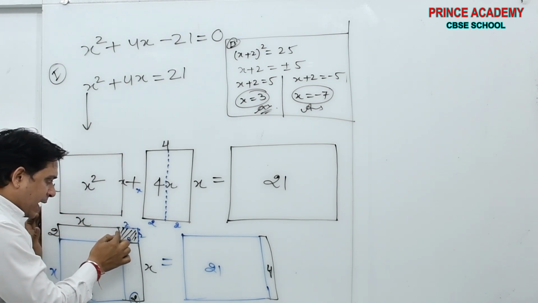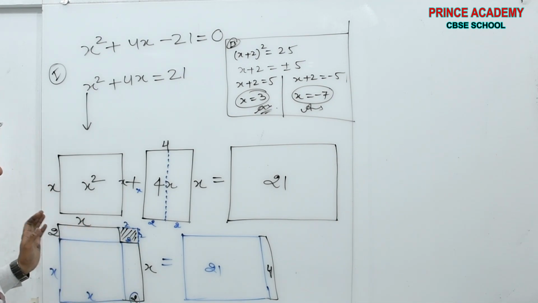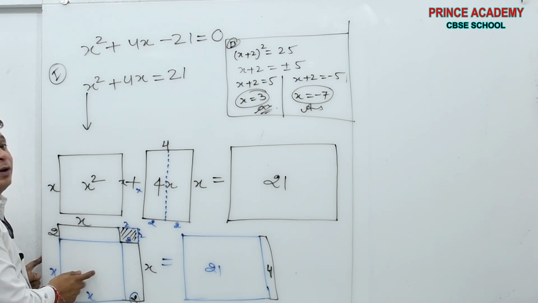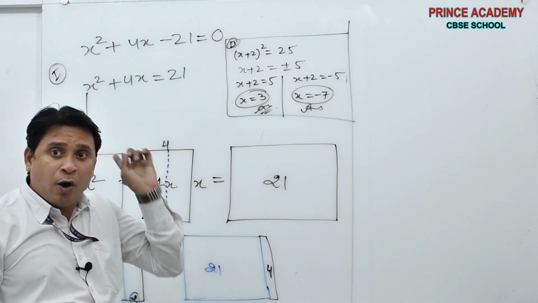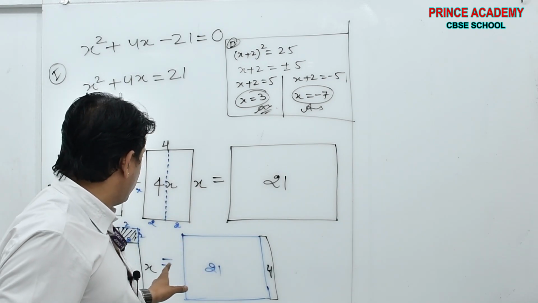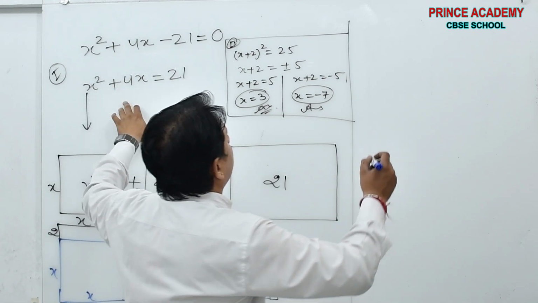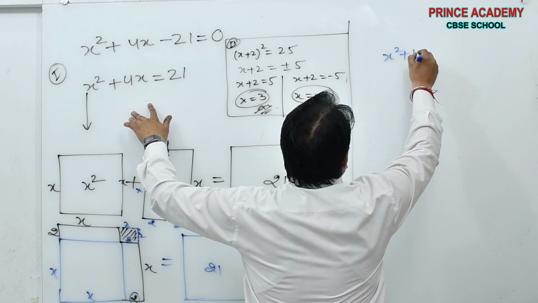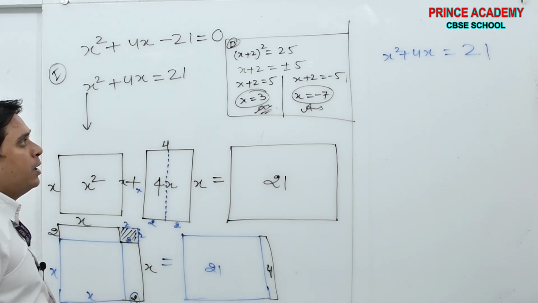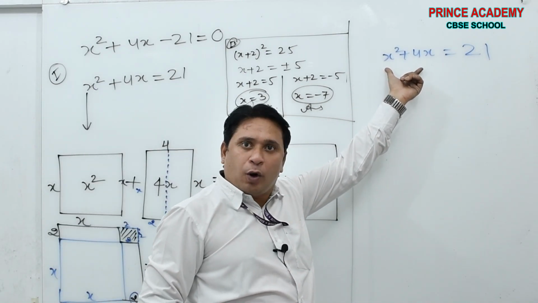But some remaining portion is always there, which is added to make this a whole square. Okay beta, once again, now see what was happening here. x square plus 4x is equal to 21 we got. This sum was already here.